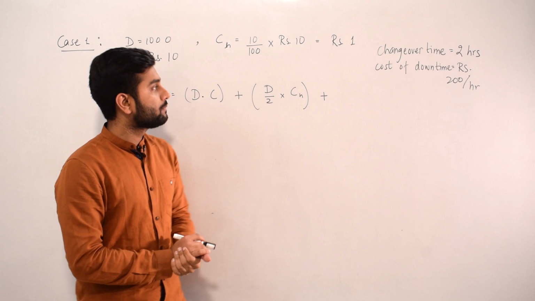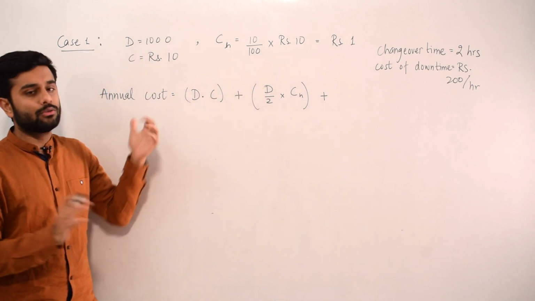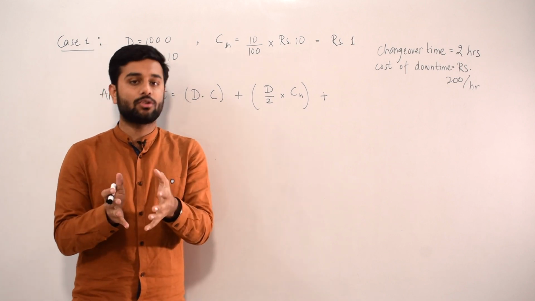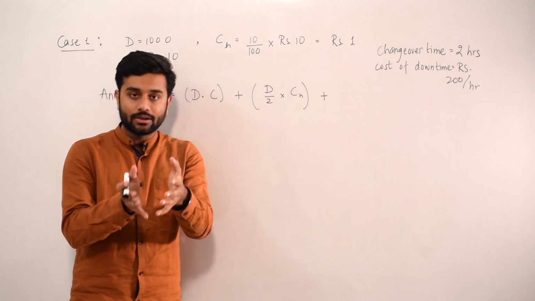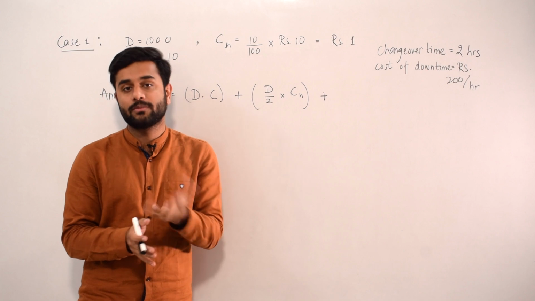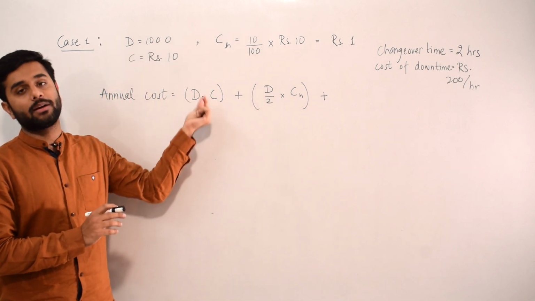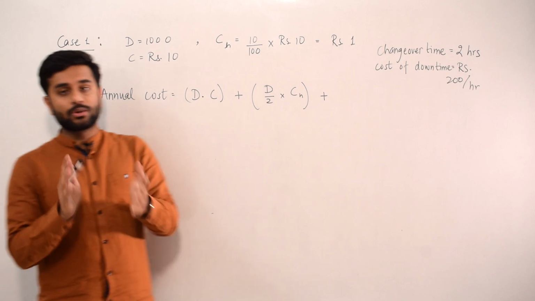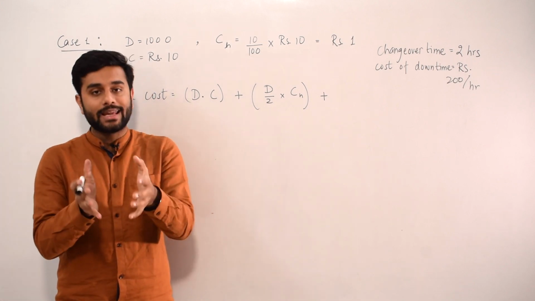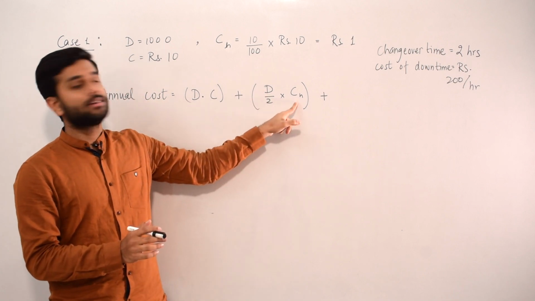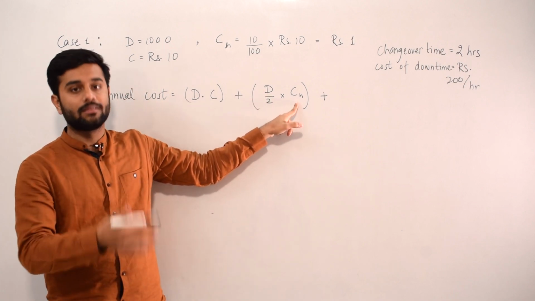Alright. Now, if you want to find out the annual cost, what are the three components of it generally? Purchase cost, holding cost or carrying cost, and ordering cost. Correct. Purchase cost is total number of items multiplied by cost of each item. The total amount you spend in holding or carrying that inventory is average inventory multiplied by the carrying cost per piece per year.